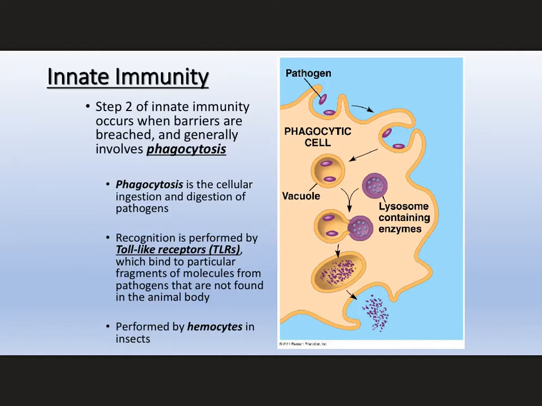They're going to try to destroy anything that's foreign to your body. So, keeping our analogy going, let's say we erect this fence around the school, and then we have some security guards whose job it is to keep everyone out that shouldn't be there. If someone were to get through the fence, we'd have people there as security guards who would help get rid of them.